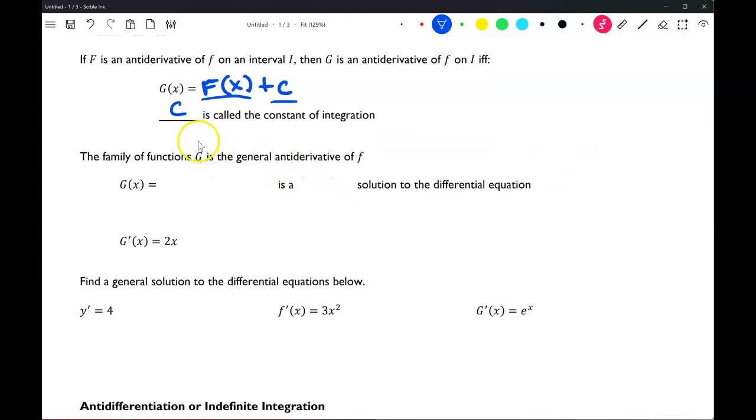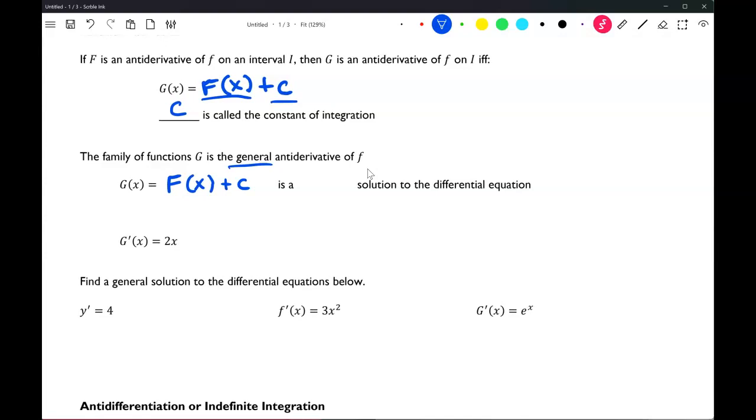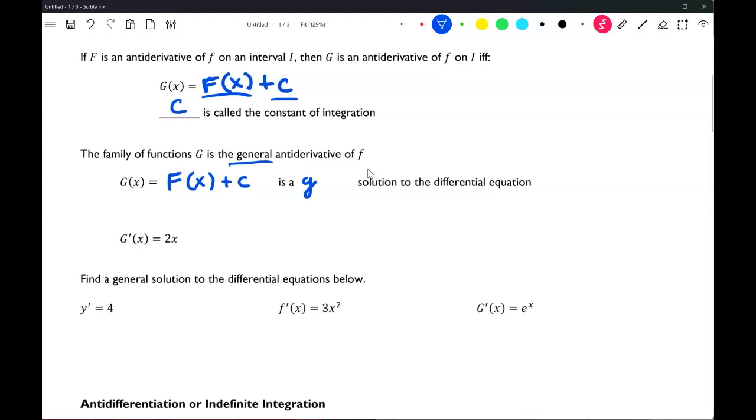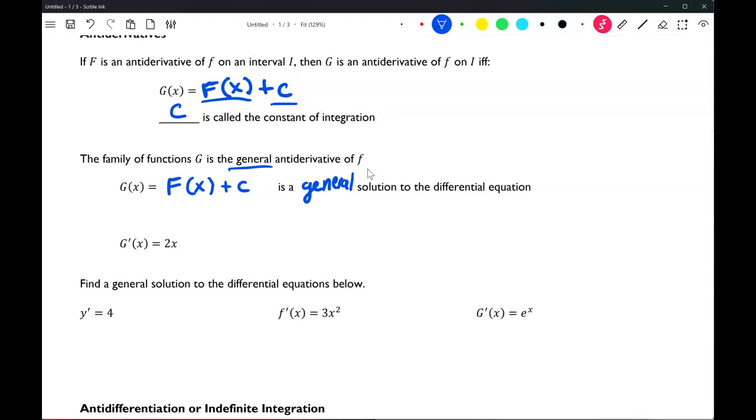The family of functions g, so we're considering g to be all of these, which there are infinitely many, is the general antiderivative of f. So g of x is going to be, again, one more time, capital F of x plus c, and this is a general solution to a differential equation.